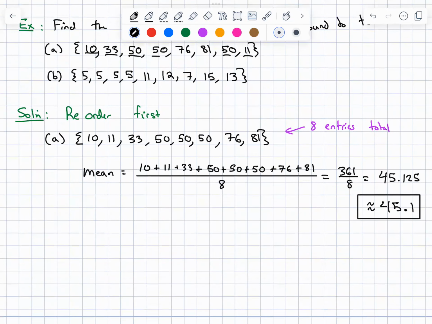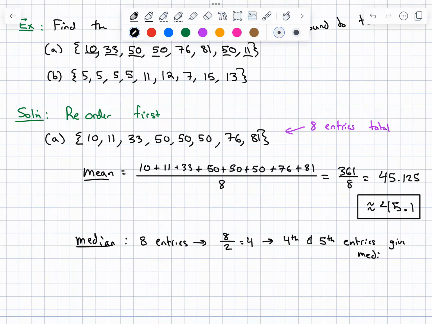So median, the way I do it, there's 8 entries total. So 8 divided by 2 is 4, which means that the 4th and 5th entries give the median. I'm writing this for your notes.